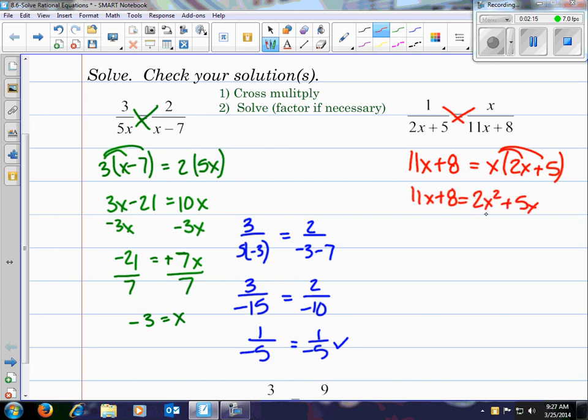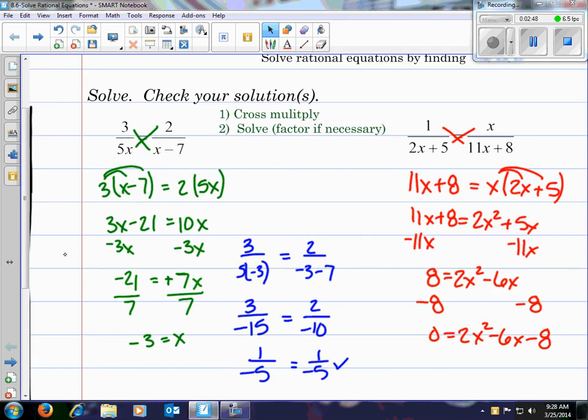Then I need to combine like terms and get everything on one side. So I can subtract 11x from both sides. So I have 8 is equal to 2x squared minus 6x. And then I subtract 8 from both sides. So I get 0 is equal to 2x squared minus 6x minus 8.